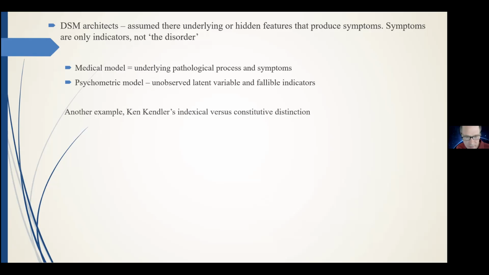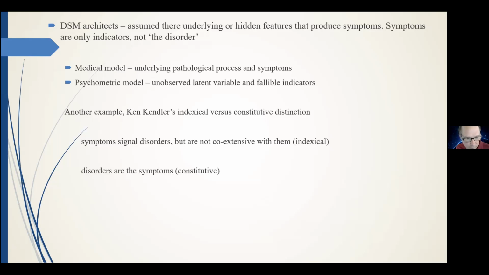Another example of this, just to say the same thing in a slightly different way, is Ken Kendler's distinction between the indexical versus constitutive relationship between symptoms and disorders. So in the indexical model, symptoms signal disorders, but they're not coextensive with them.